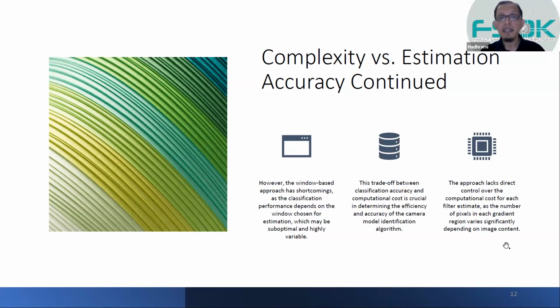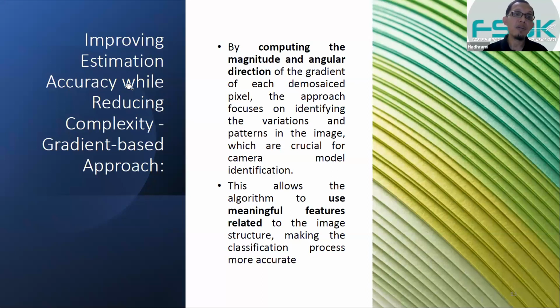Okay, so how do we improve the estimation accuracy while reducing complexity? There are a number of methods that we can implement here. We try our best to increase the estimation accuracy, and at the same time reduce the complexity. The first method that has been proposed here is the gradient-based approach.